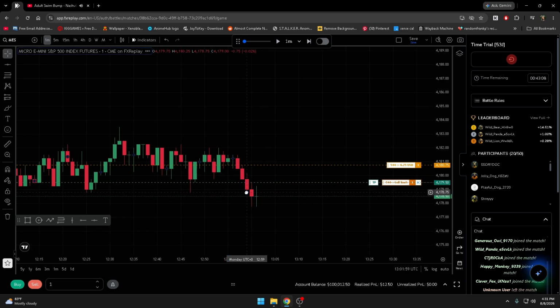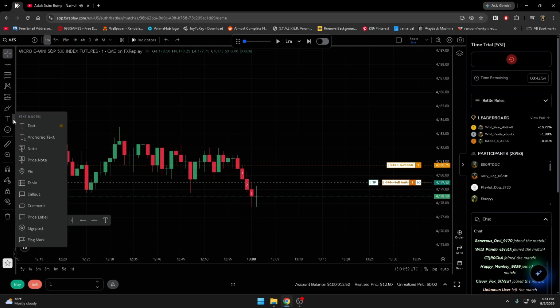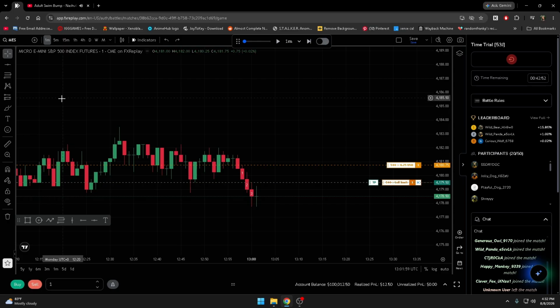I wonder if there's a way I can just copy all 3 of these. I'm amazing. Press Control, just copy all 3 of them. Why can't I just save it like that? Nope.